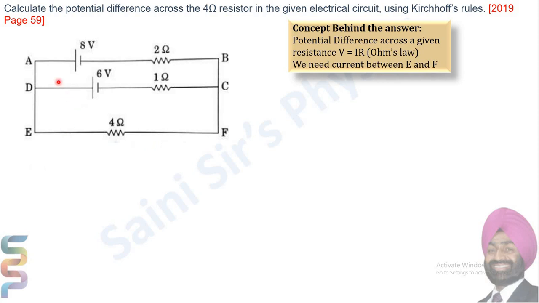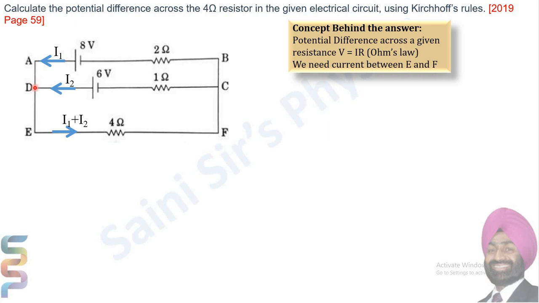So using Kirchhoff's laws, this is the positive of the battery, say a current I1 begins this way, another positive of the battery, let us say the current is I2. These two currents, I1 and I2, are reaching point D. So one current must leave point D as I1 plus I2, which is Kirchhoff's junction rule.